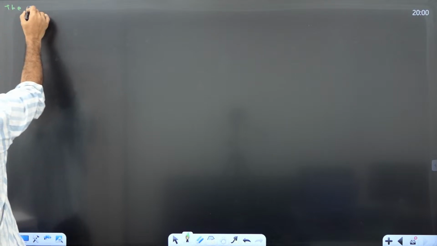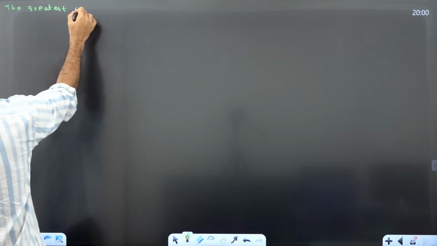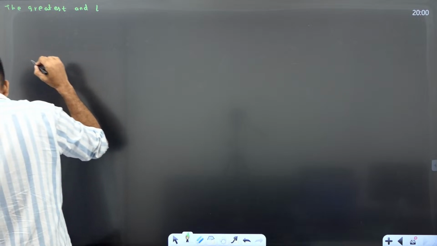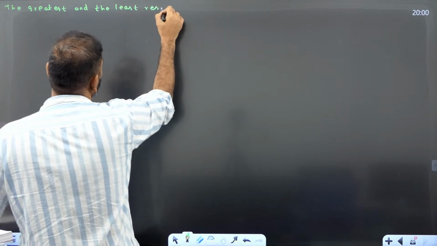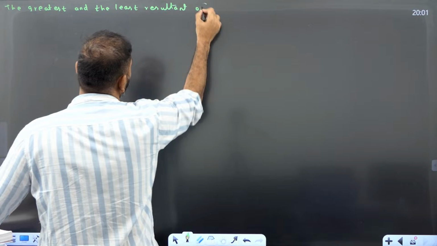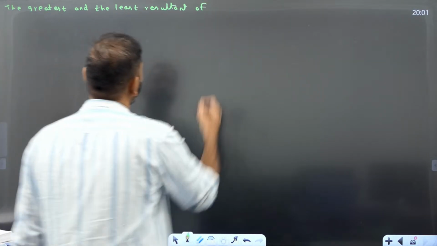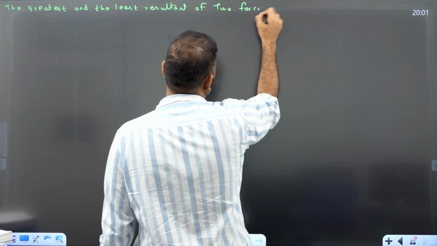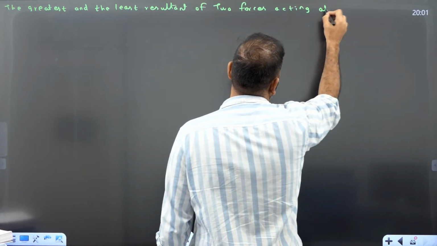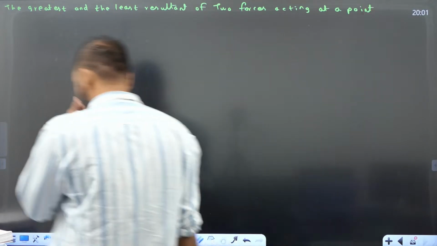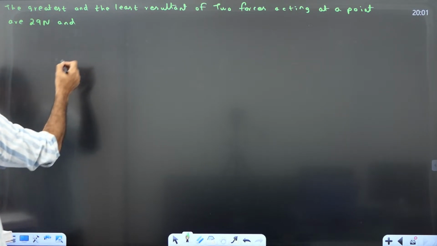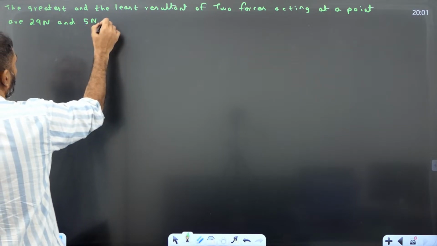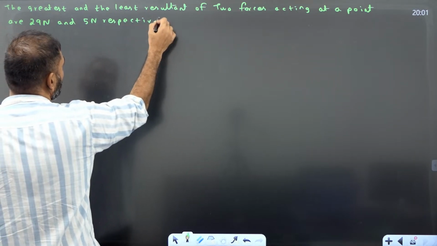The greatest and the least resultant of two forces acting at a point are 29 Newton and 5 Newton respectively.